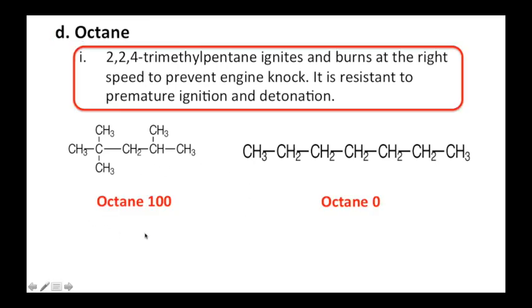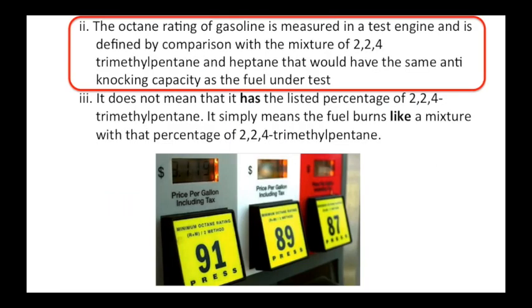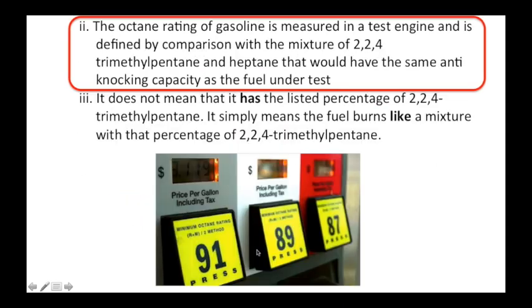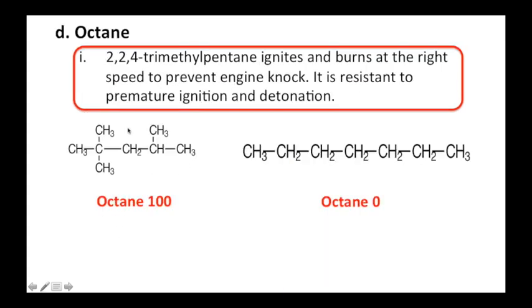We give this an octane rating of 100. Now this is not octane, this is heptane. This is 7 carbons. We give this an octane rating of 0. An octane rating tells us how well a molecule burns compared to this perfect molecule, octane 100. It doesn't mean if it has a high octane rating that it is this molecule, it just burns like this molecule.